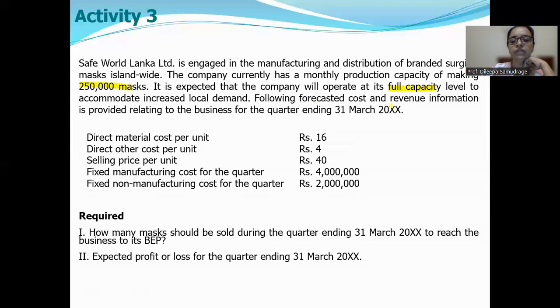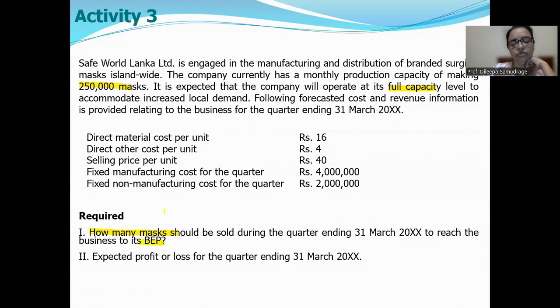The following forecasted cost and revenue information is provided relating to the quarter ending 31st March: material, direct other costs, selling price, fixed manufacturing cost, non-manufacturing cost. How many masks should be sold during the quarter ending 31st March to reach the break-even point?